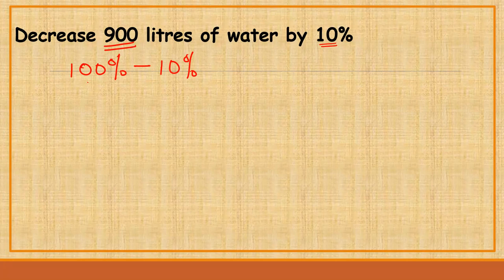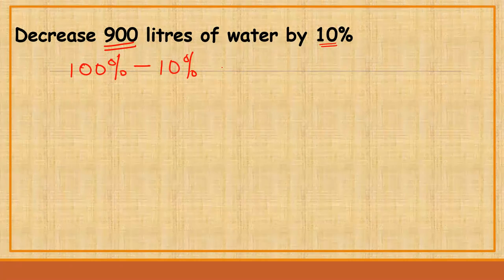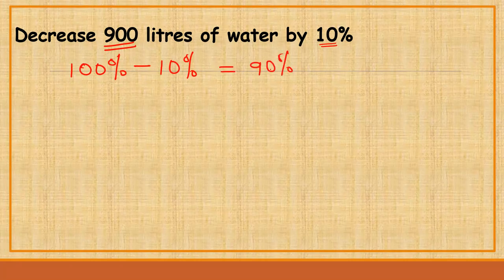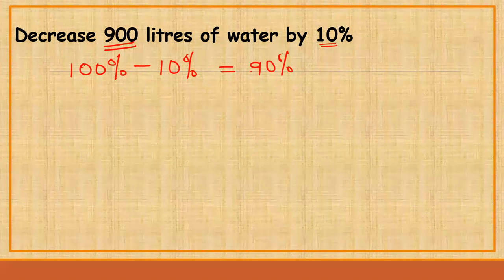They are normal, their percentage is at 100%. When I reduce these ones by 10%, it means the percentage will drop from 100% by this one. So what I get here, the percentage becomes 90%. I've reduced this normal percentage by 10%.